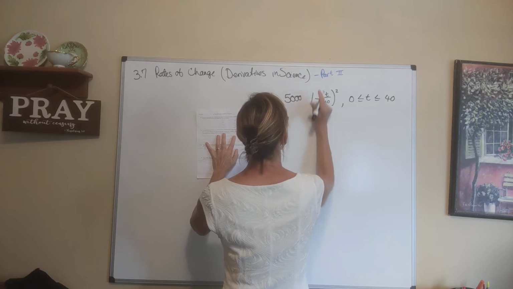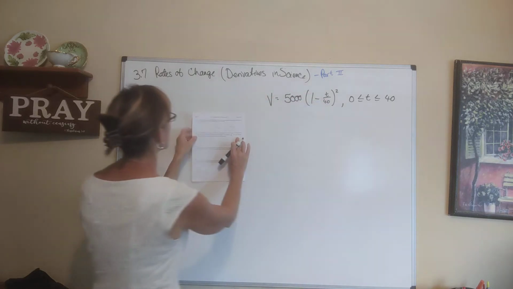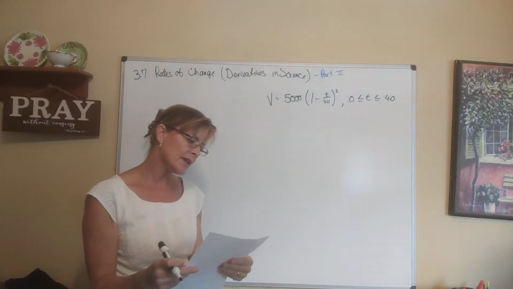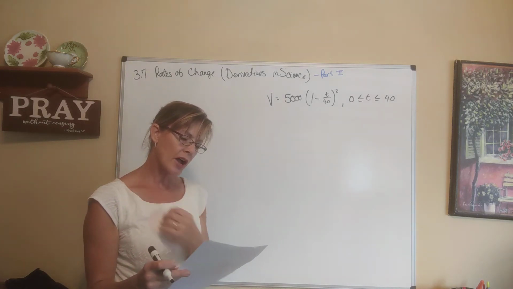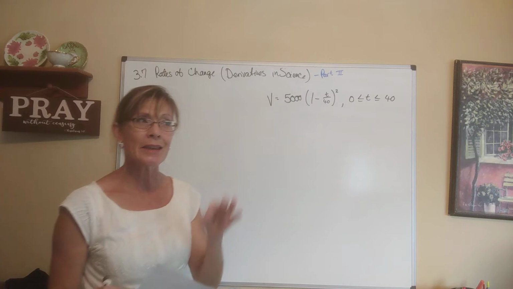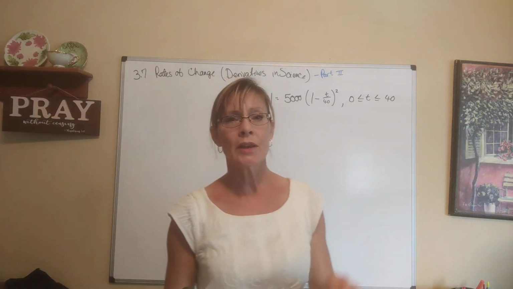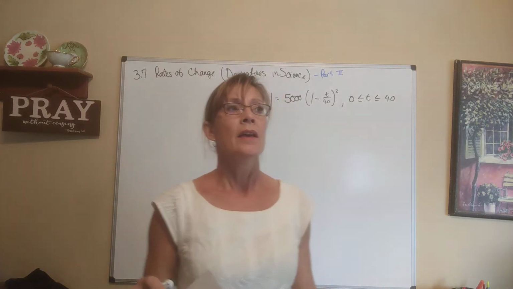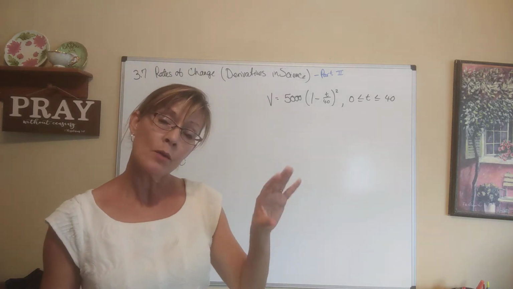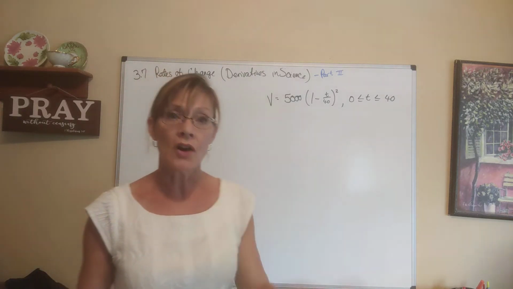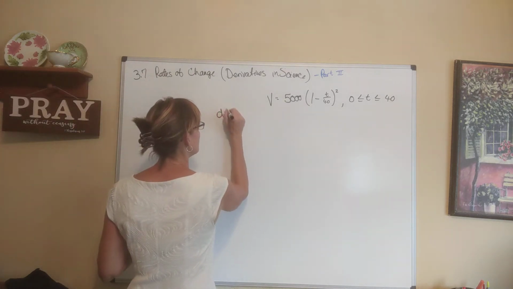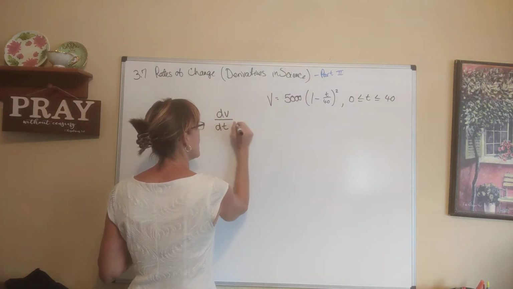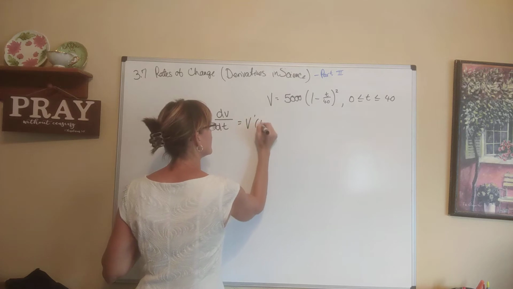Okay, so it says find the rate at which water is draining from the tank after 5, 10, and 20 minutes. The rate at which water is draining is the change in the amount of water, the change in the volume. The change in volume is dV/dt or V prime of t.